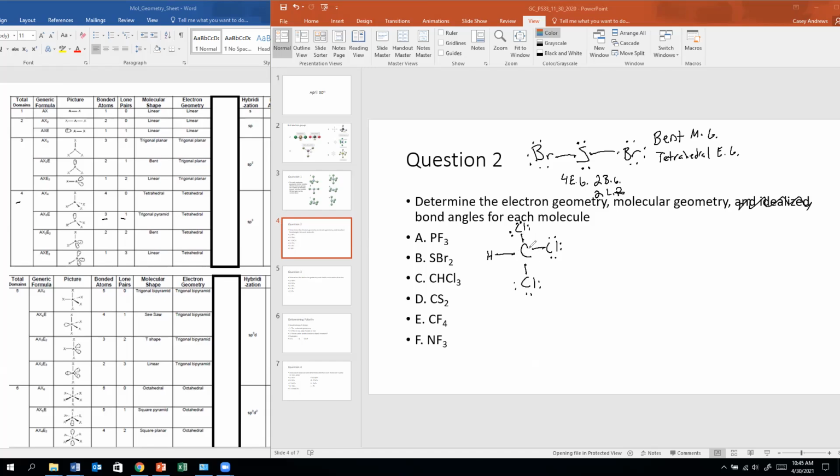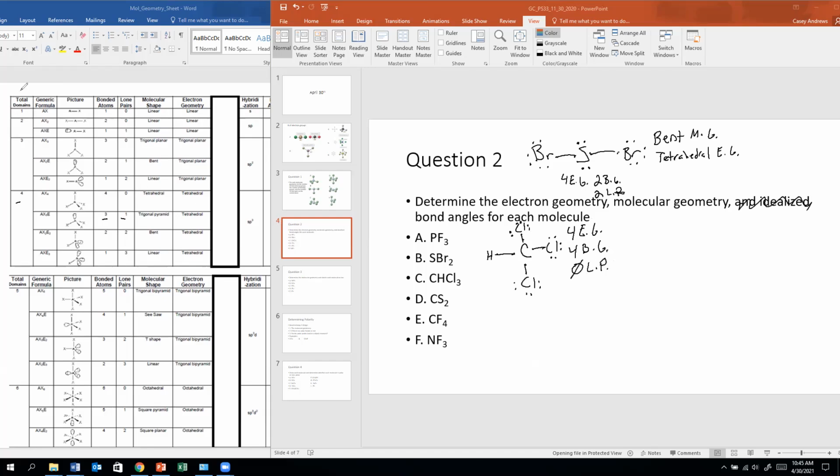So now carbon has 8 electrons due to 4 bonds. Everything else has 8 electrons except hydrogen, which has 2. So we're all good. So in total, to our center atom, there are 4 electron groups. 4 of those are bonding groups. Therefore, we have no lone pairs.